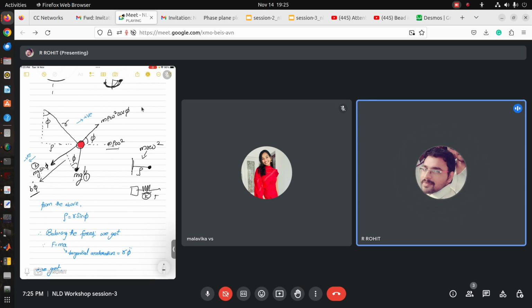F is equal to kx we used to write. Similar to that, for the damping term, we have the velocity, phi dot, and b is a factor that you need to consider. That's why the term b phi dot is used to represent the damping of the system.